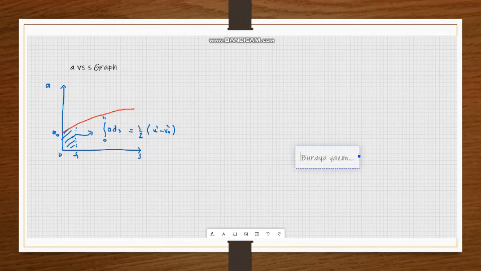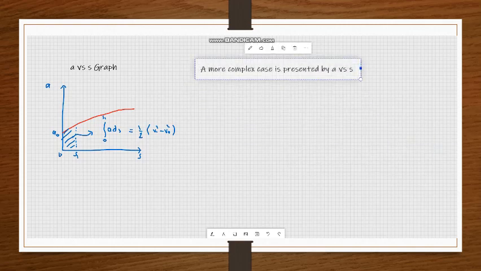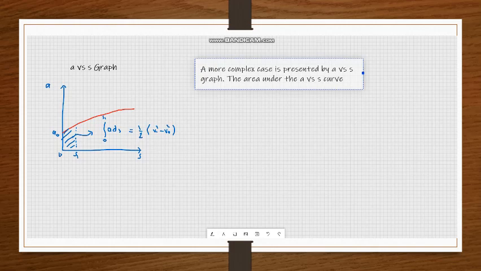I will remind you, a more complex case is presented by the acceleration versus position graph, because the area under the A versus S curve, acceleration versus position, represents the change in velocity.